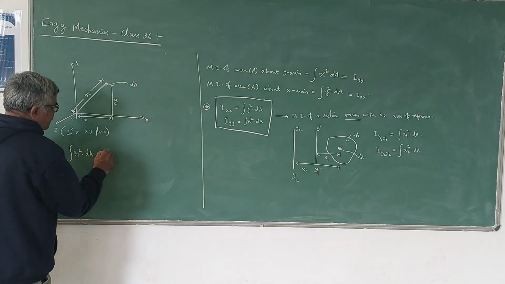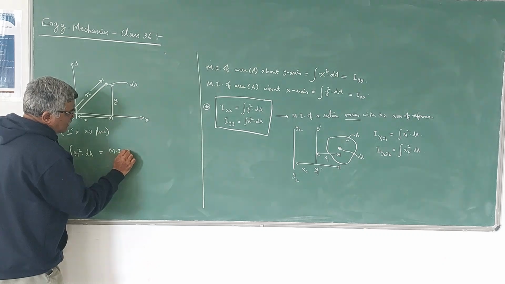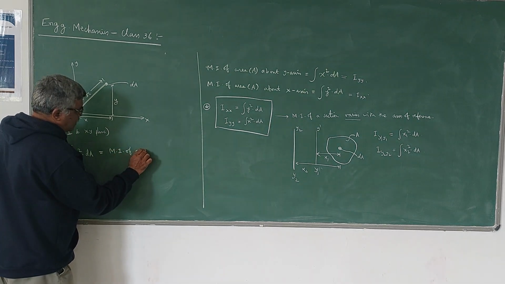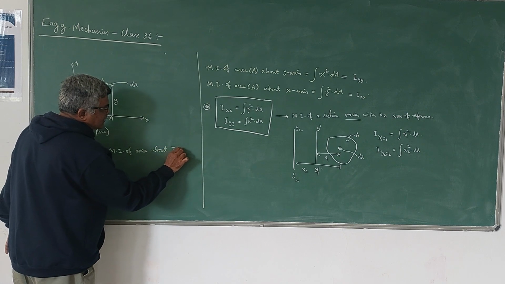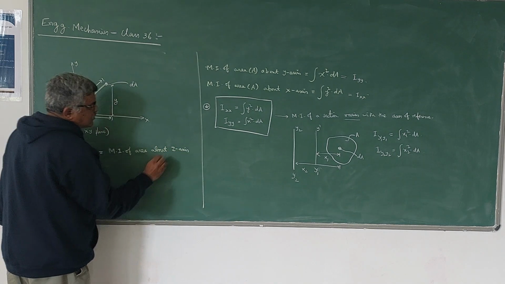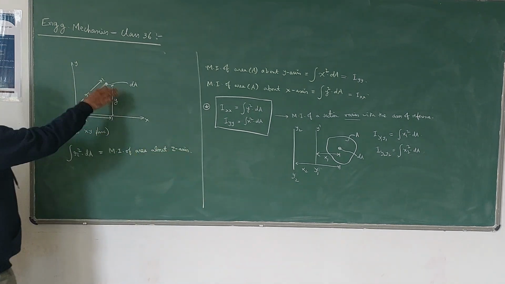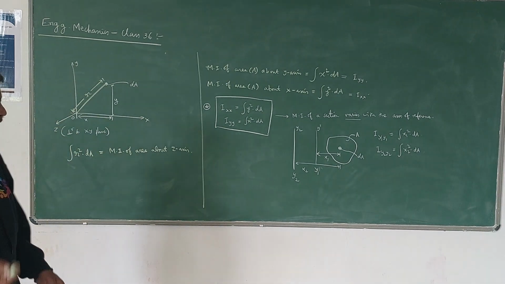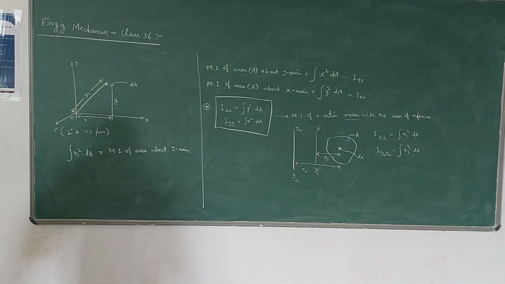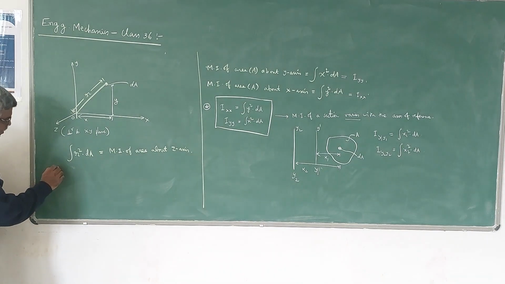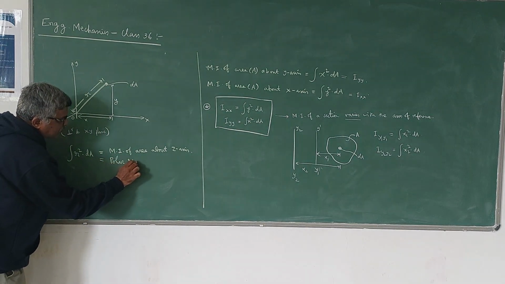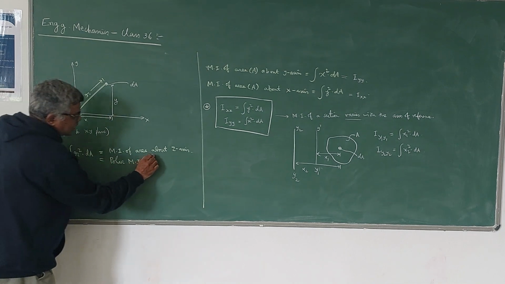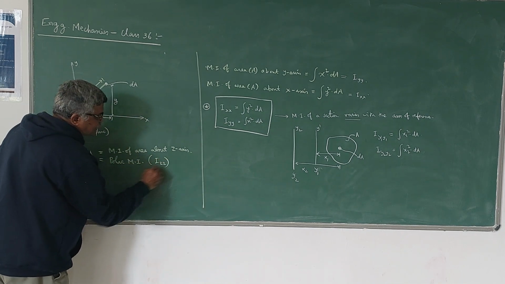This is defined as moment of inertia of area about z axis, which is perpendicular to xy plane. That is, it is perpendicular to both x and y axis. Now, this is called as polar moment of inertia, that is Izz.